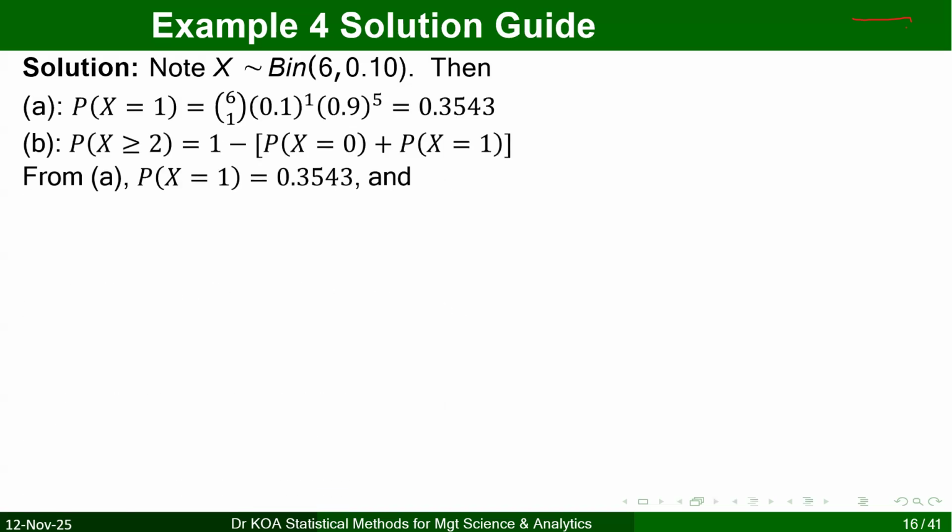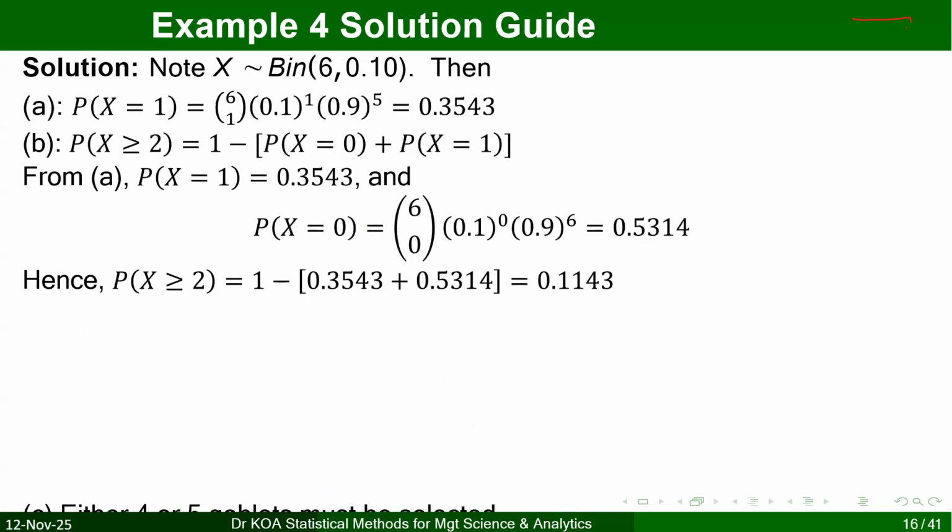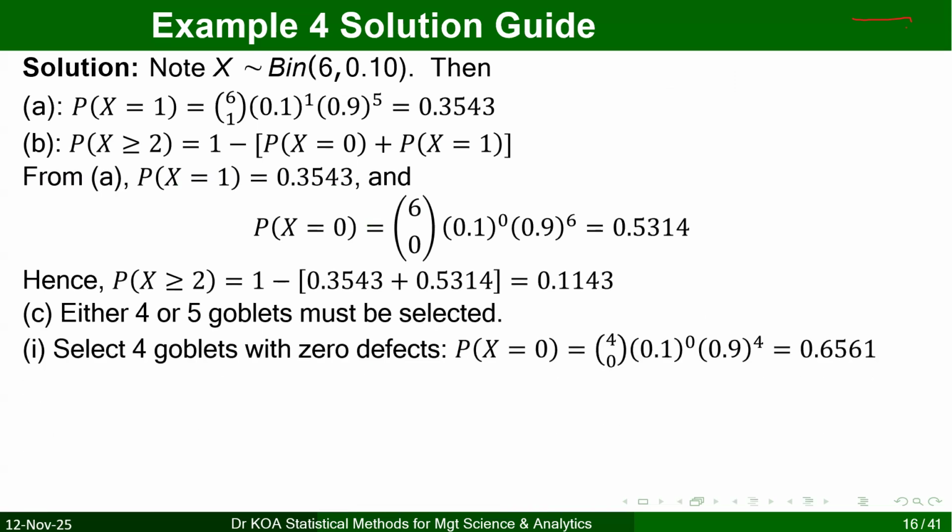To 5. You agree with that? Yes, Doc. Good. So if I'm examining them from 0 to 5, the probability that we are selecting 4 goblets that don't have defects, 4 out of the 5 that don't have defects, will be what?